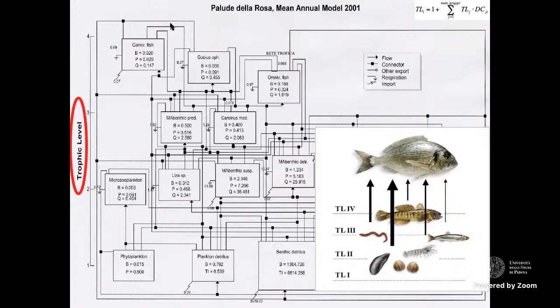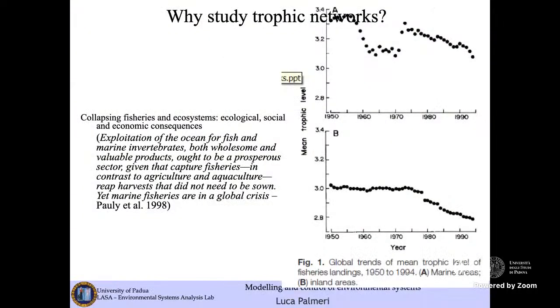It is the topmost element in terms of trophic level that is consuming. I remind you that this is the definition of a trophic level: trophic level is equal to 1 plus the weighted average of the trophic levels of the prey. And the average is made with the importance of the amount of the flows from the different prey.